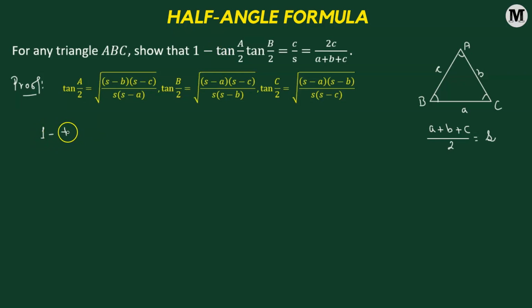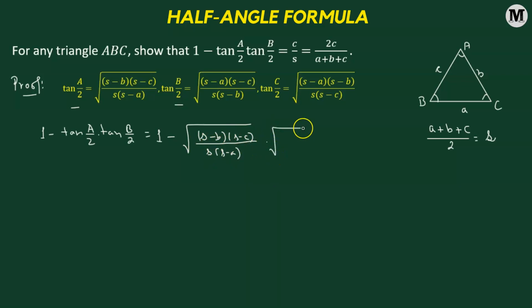So we have 1 minus tan(A/2) multiplied by tan(B/2). Here we can use the values for tan(A/2) and tan(B/2). So this will be equal to 1 minus the square root of (s minus b) times (s minus c) divided by s times (s minus a), multiplied by the square root of (s minus a) times (s minus c) divided by s times (s minus b).